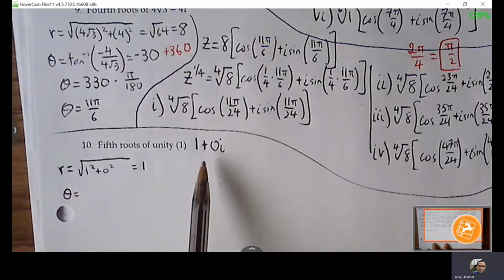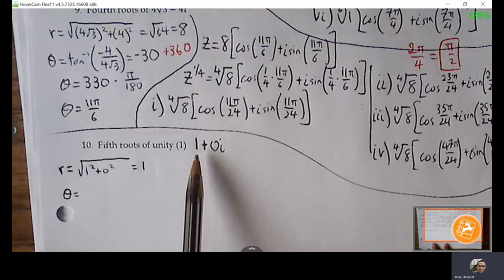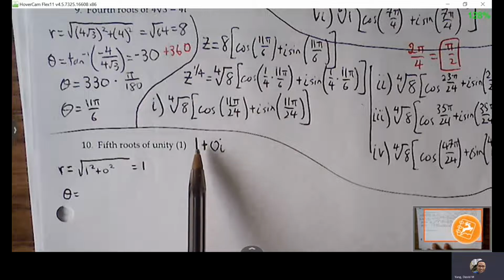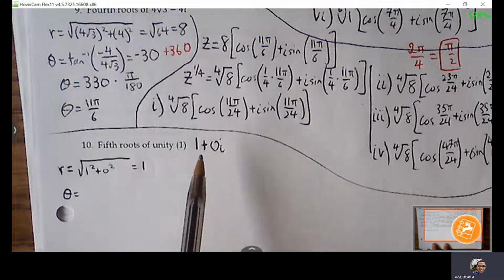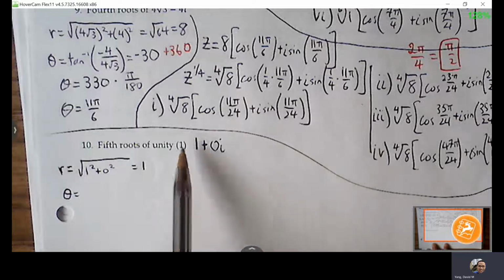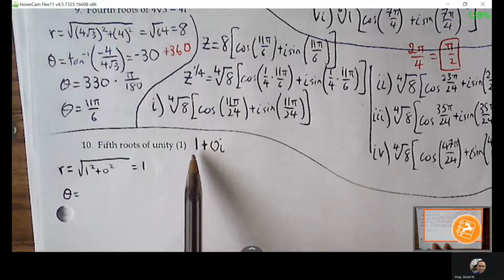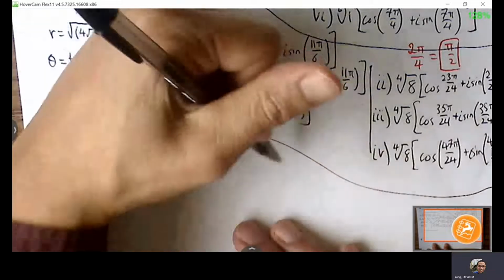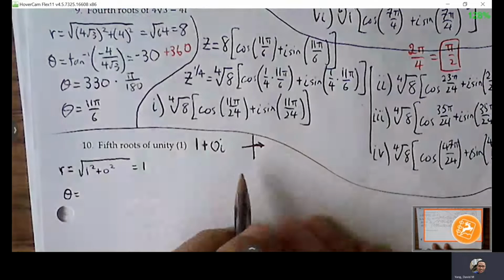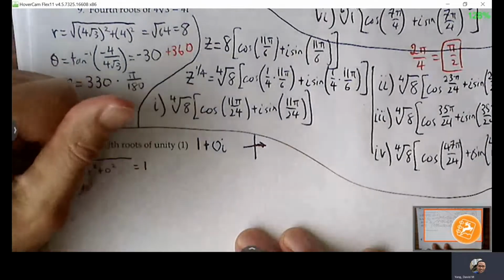Now this is an easy one to find. If what you're graphing is landing directly on the axis, then don't use inverse tangent. Just graph it. So here 1 plus 0i, that means you are 1 unit on the positive x-axis. What degree measure is that? 0, right? So that's a 0 degree, so your theta is 0.